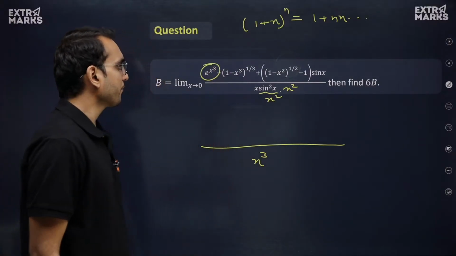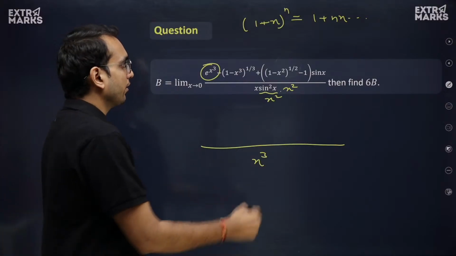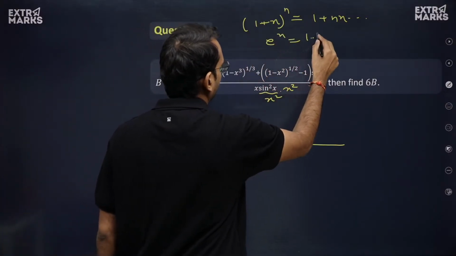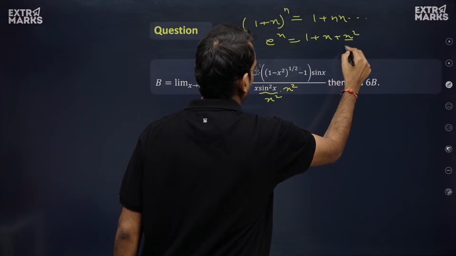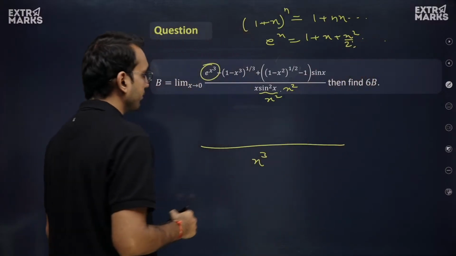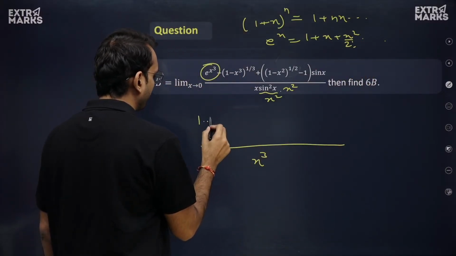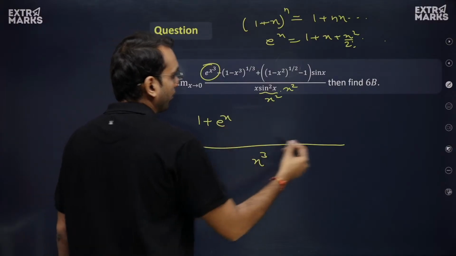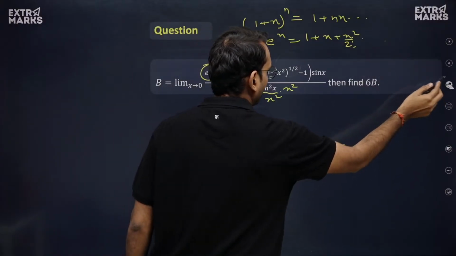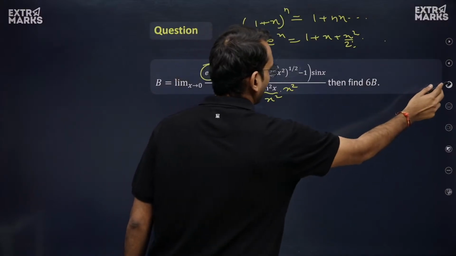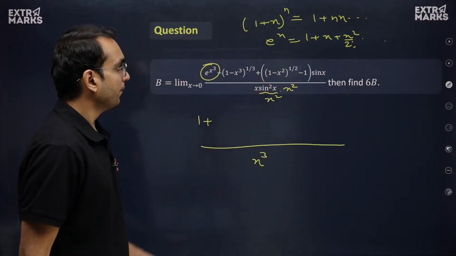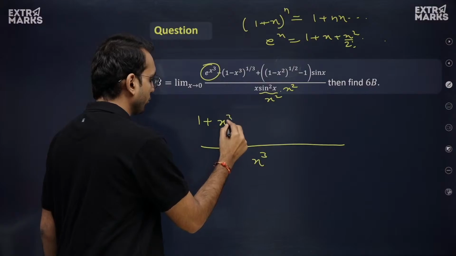What will be the expansion of e to the power x cube? The expansion of e to the power x is 1 plus x square by 2 factorial and so on. So let's just find out. It will become 1 plus x cube and so on.